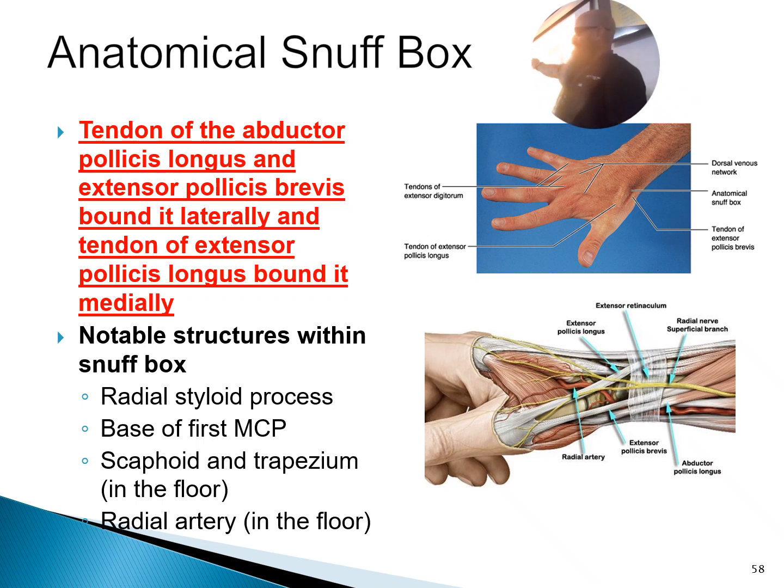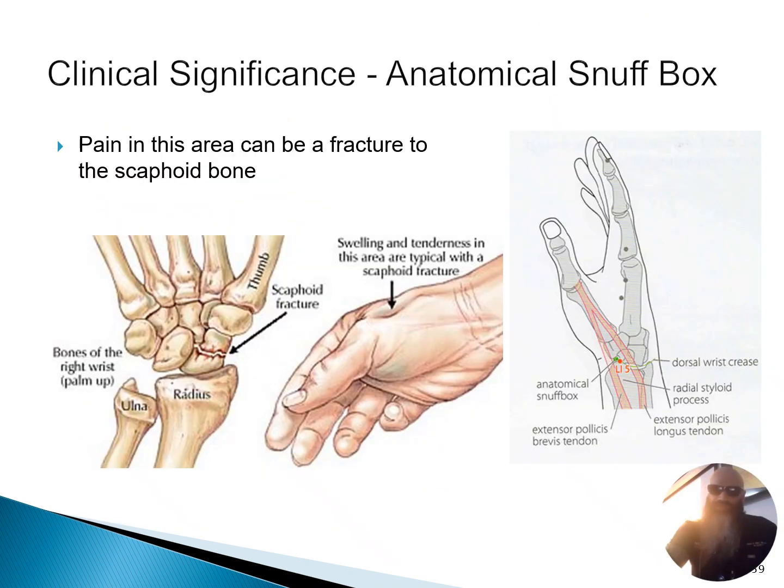You put your thumb in between, grab here, and then do this, and that'll create a stretching effect on the first compartment, causing a lot of pain for the person, okay? You obviously stabilize it with your other hand, but that's why I'm showing it's a very common thing. We type a lot now in this world. It's a very common thing that gets angry and irritated, okay? So big one there, know what it is, clinical significance.